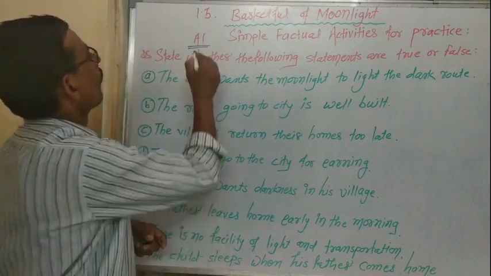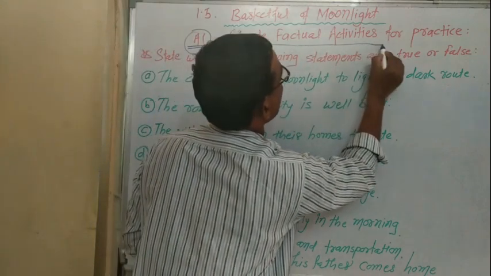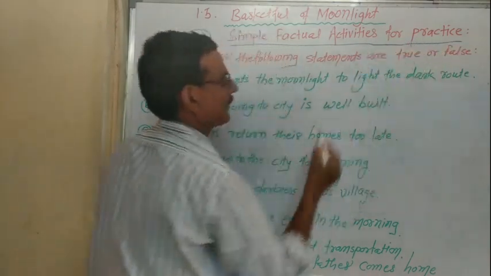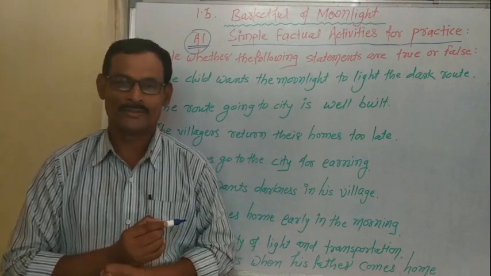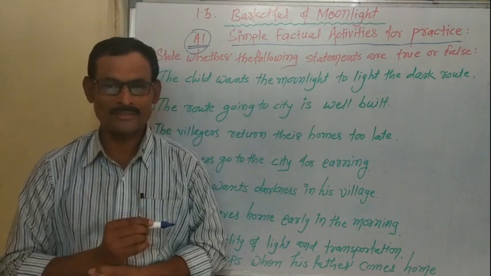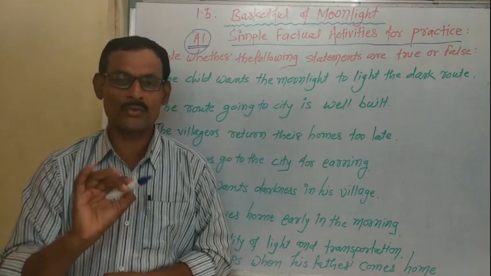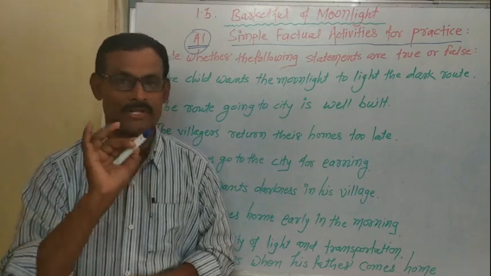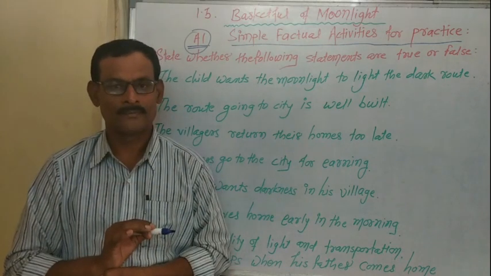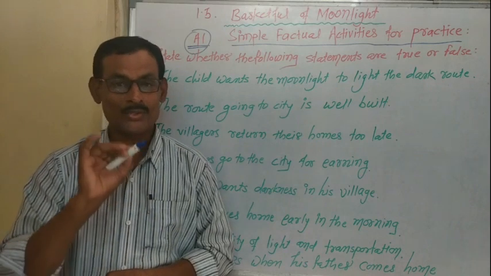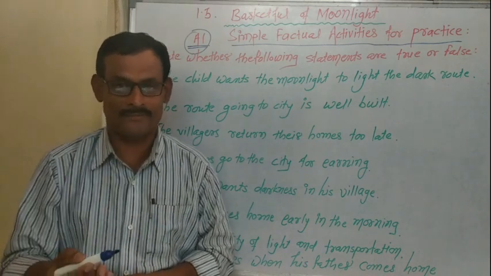Come on, what is here? A1, simple factual activities for practice. Let me remind you that as usual, I am not going to talk and give you the answers, I mean the ready material, whereas I will ask you to write the answers of these questions yourself.